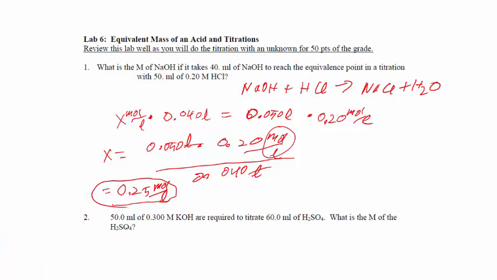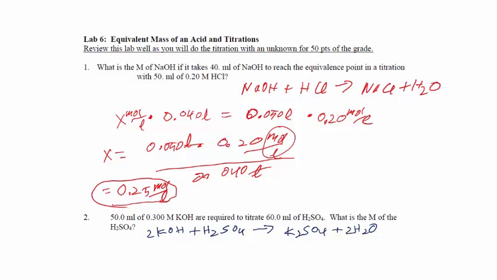Well, why don't we change color just for the fun of it? Let's see. So notice we have one potassium here, we have two potassiums there, so we need two of these, and I have 4 hydrogens and 2 oxygens.